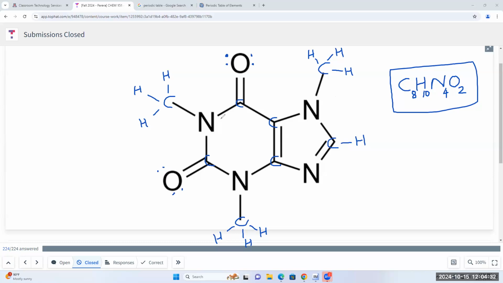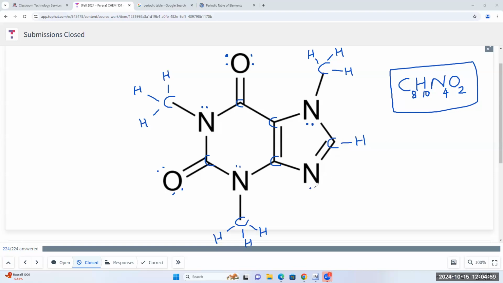Then I have the nitrogens. These nitrogens have 3 bonds around them, meaning 6 electrons. Therefore, I'm going to need 2 more electrons to make it have an octet. Therefore, I'm going to add 1 lone pair to this nitrogen, and even this nitrogen. And then even this nitrogen, we have 1, 2, 3 bonds around it, meaning 6 electrons.